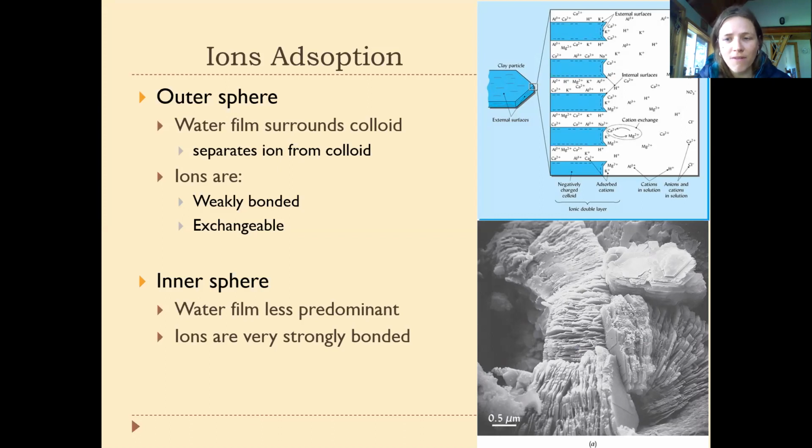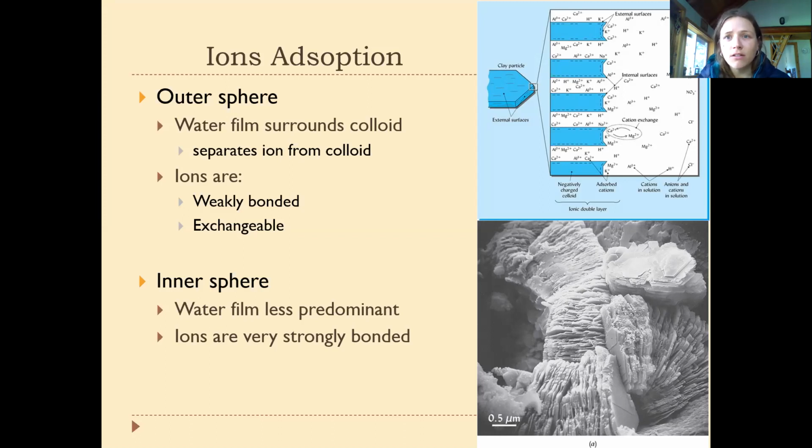And on the bottom, we have a picture of these silicate clays with outer surfaces and then inner surfaces in between the sheets. One thing that's not really shown in this image on the top is that there's, in addition, a film of water that's also being attracted to the charge on the soil surface. And so there's lots of water, especially in a soil that has adequate water, that's surrounding and bonded to all these soil surfaces as well.